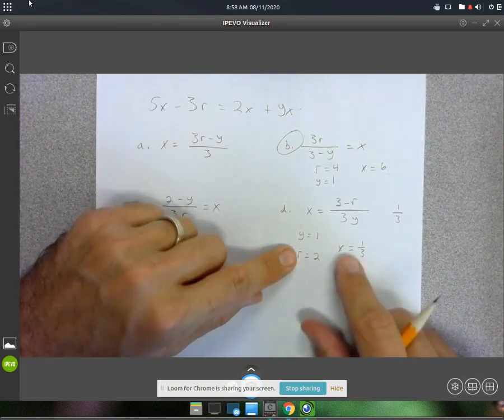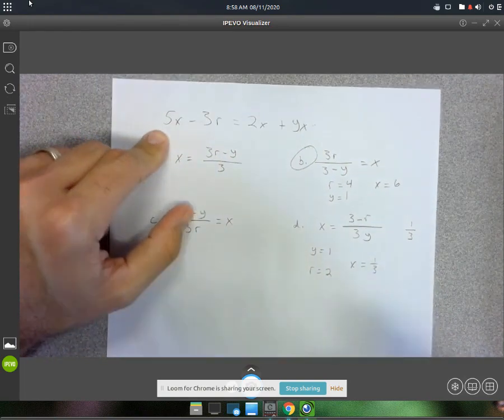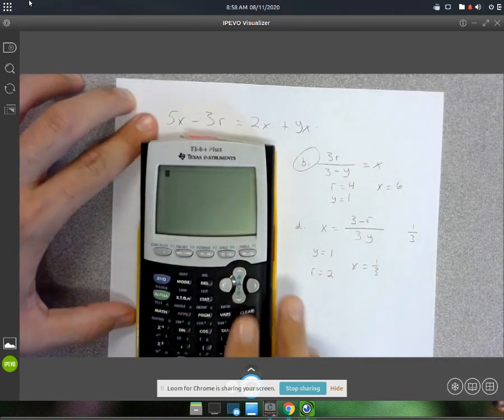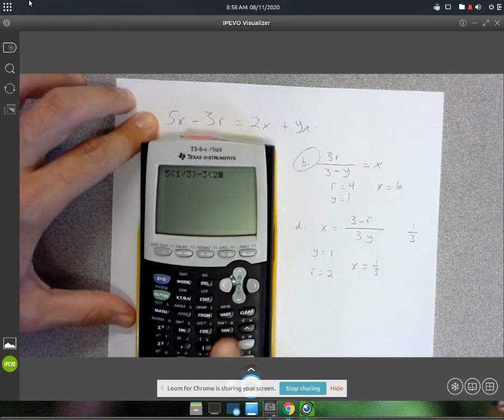So now I'll try these three values up here for x, y, and r. I've got 5x, so it's 5 times 1/3 minus 3r, which is 2. And it gives me negative 4.333.